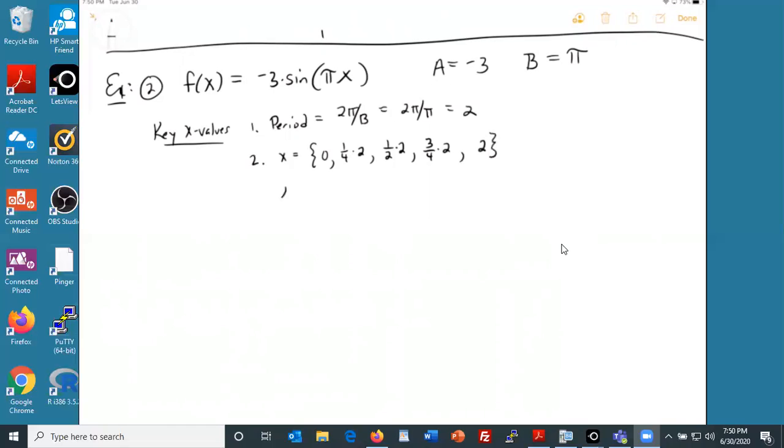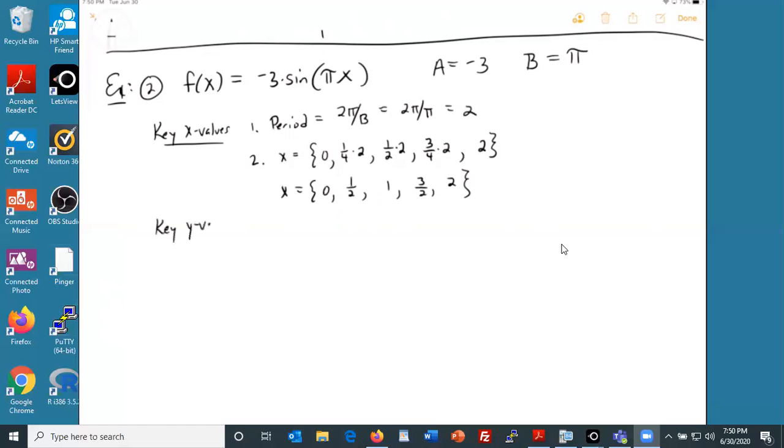And that will equal, by reducing, 0, 1/2, 1, 3/2, 2. So now the period goes from 0 to 2, all right? And look how evenly spaced the numbers are. They're spaced in halves. So that makes a little more sense there.